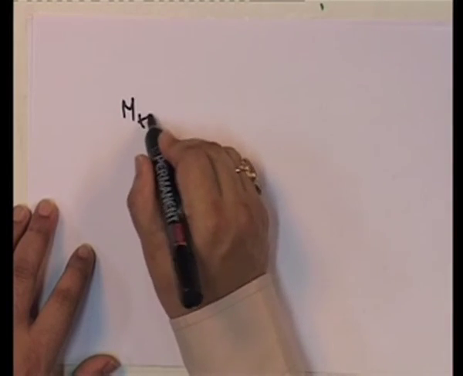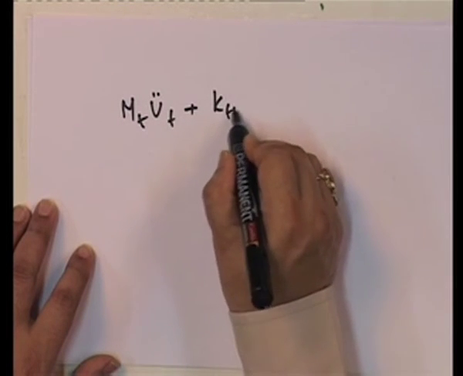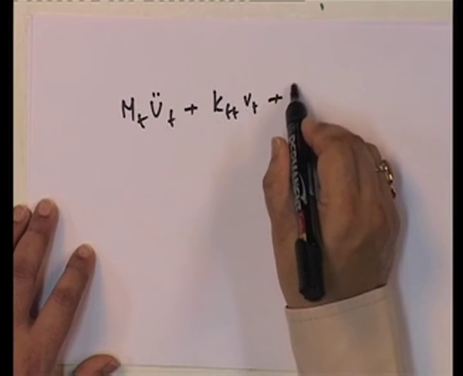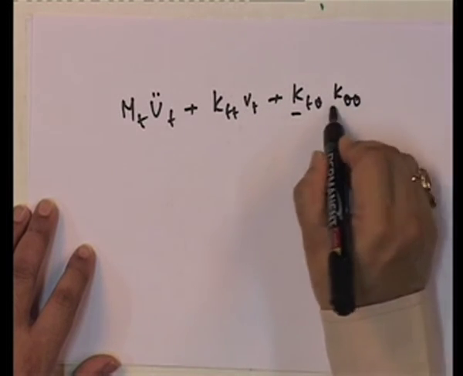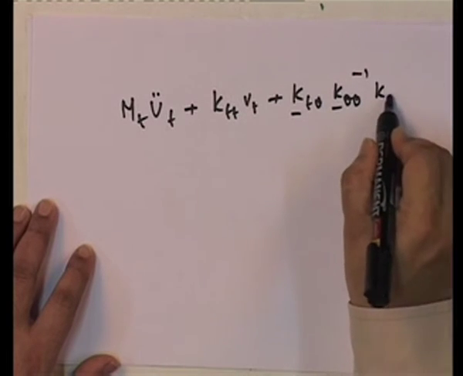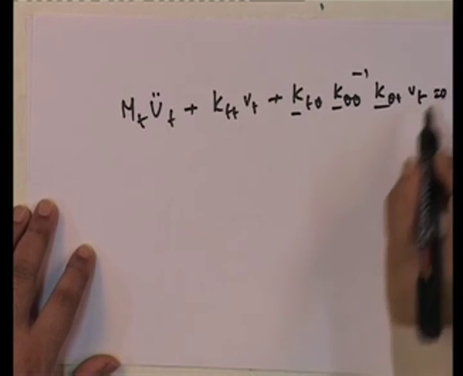I get the following. I get m t t into V t plus k t t into V t plus k t theta into k theta theta inverse k theta t into V t is equal to 0.